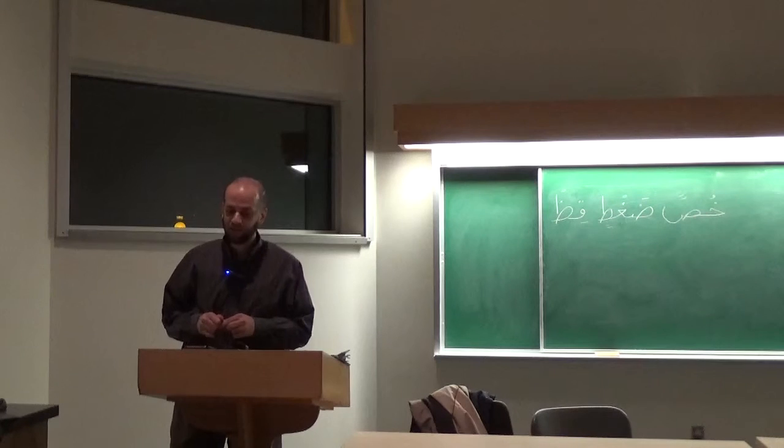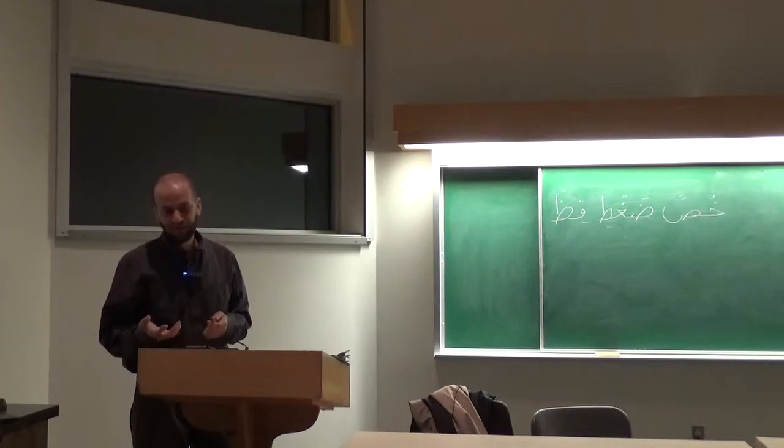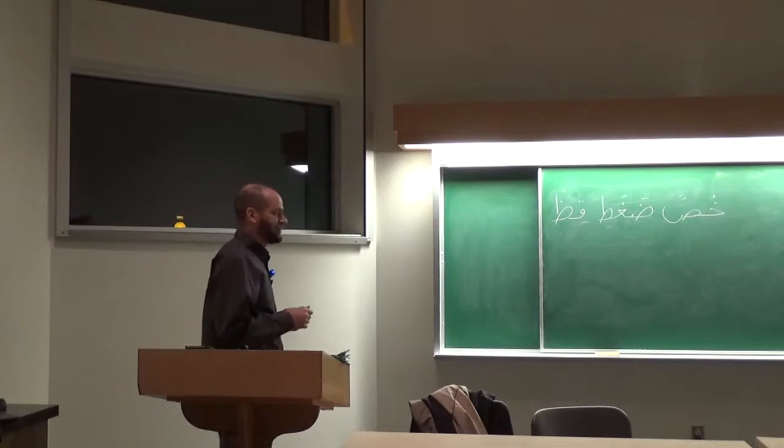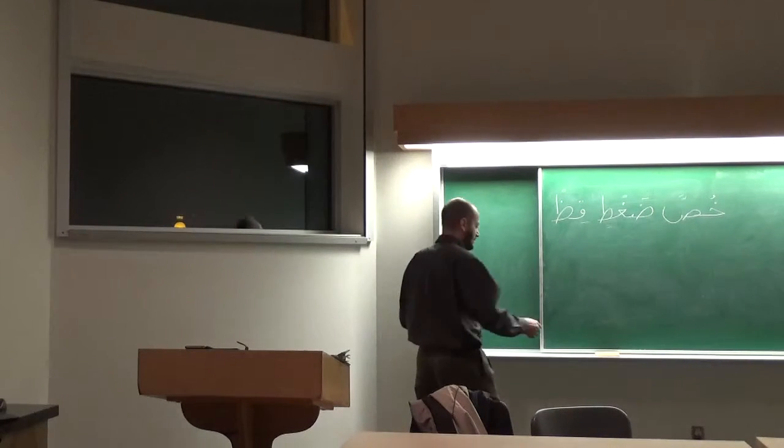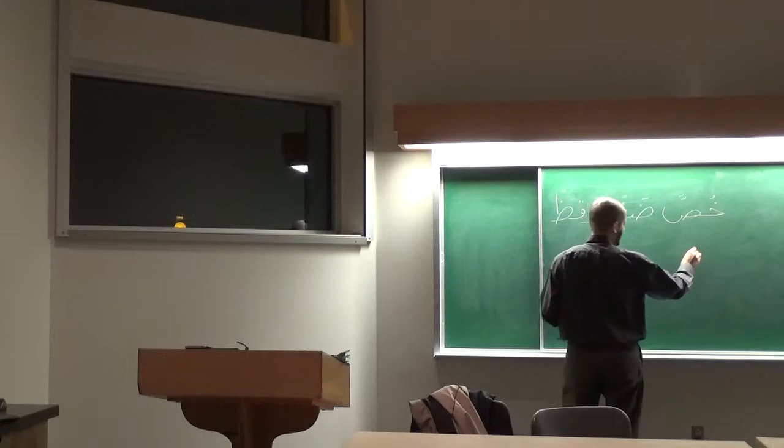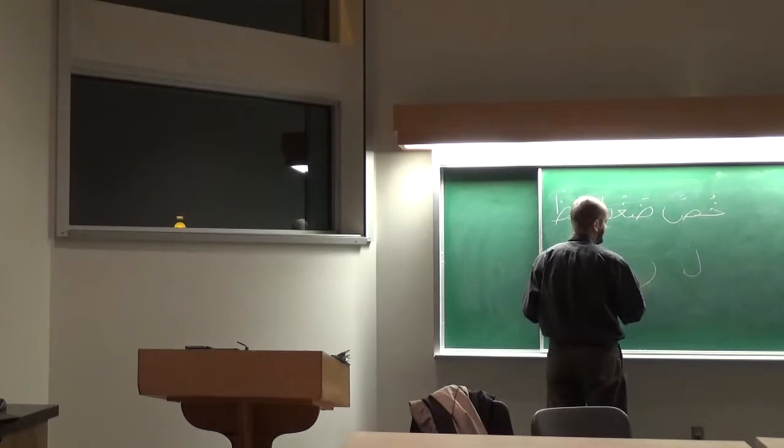The next smaller group is the group of letters that are sometimes soft and sometimes strong. We already mentioned the lam and the ra.